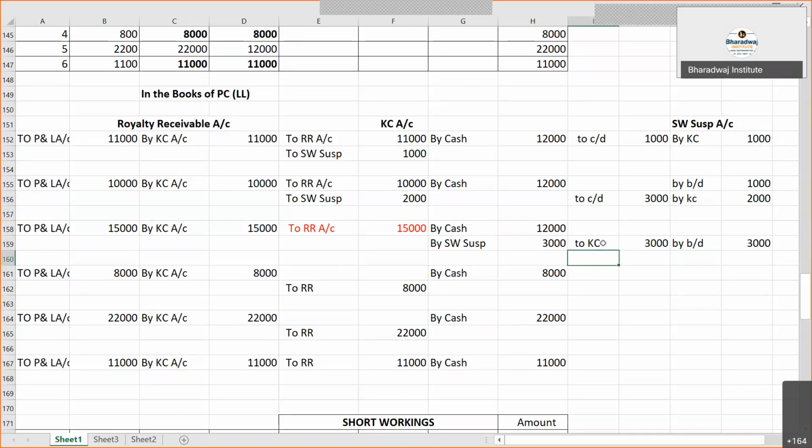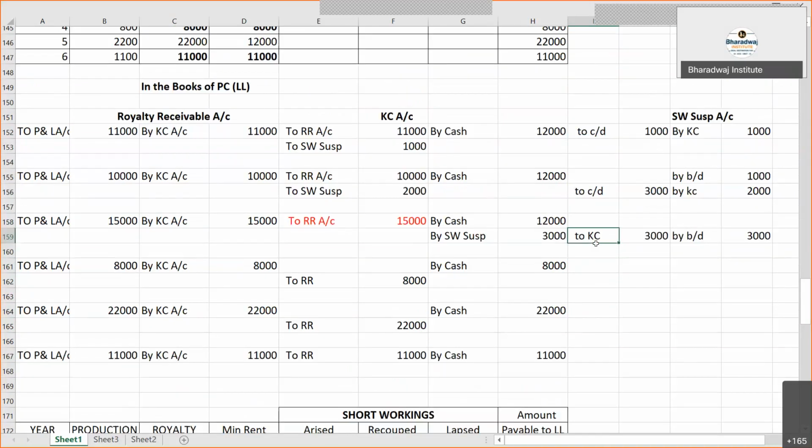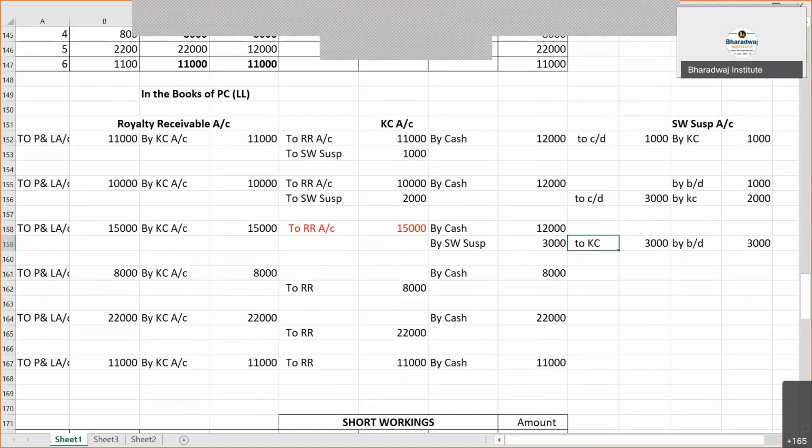But if it is possible also, this is only for your reference that I have given.